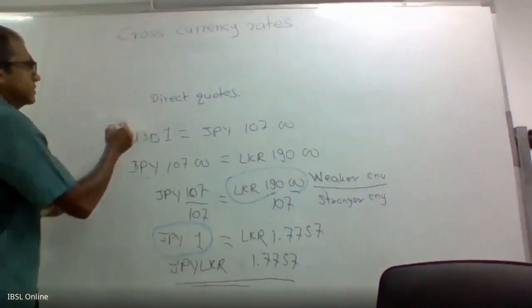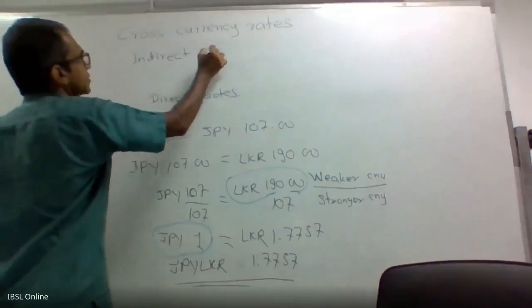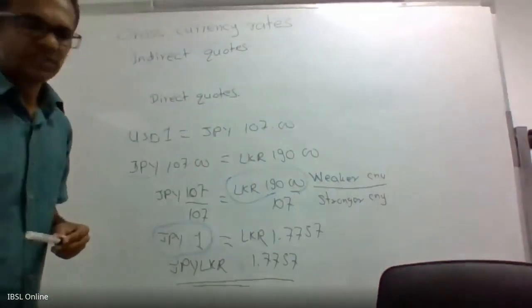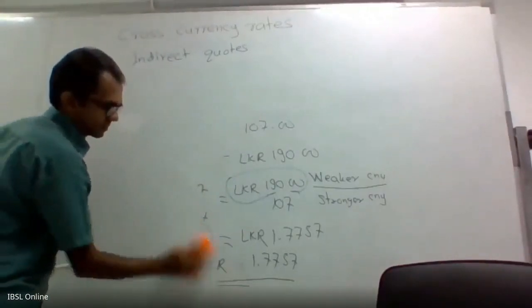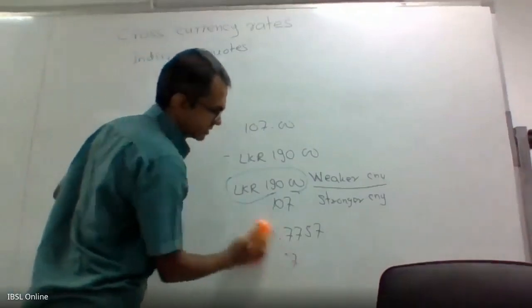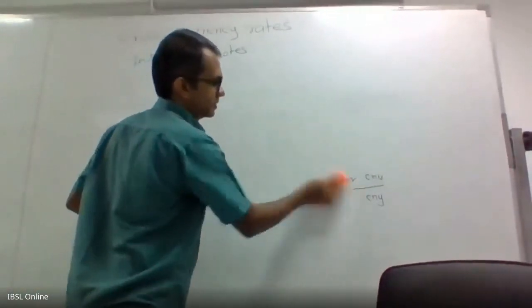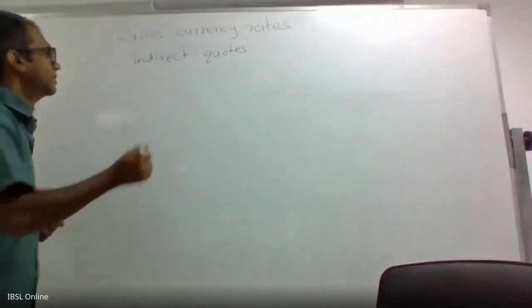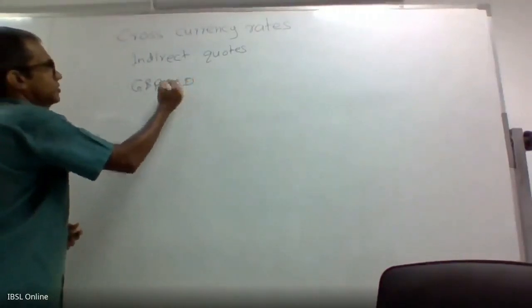Now we'll see when both are indirect quotes, how to do this calculation. When you think about two exchange rates or two currency pairs, what is the indirect way? GBP USD.